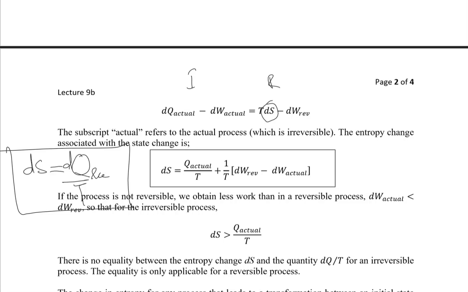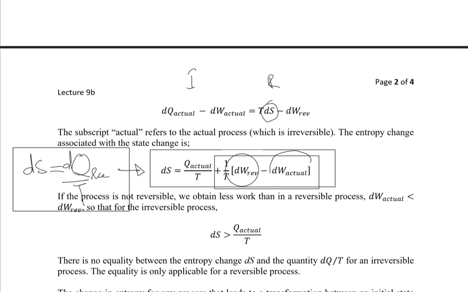Comparing this equation to the reversible equation, you can see there is another term added to the entropy change. What this term is, is the work which we would get in a reversible process and the work which we actually get in a process.